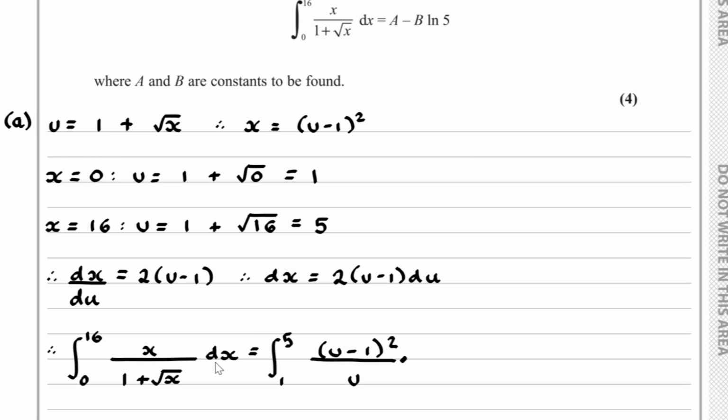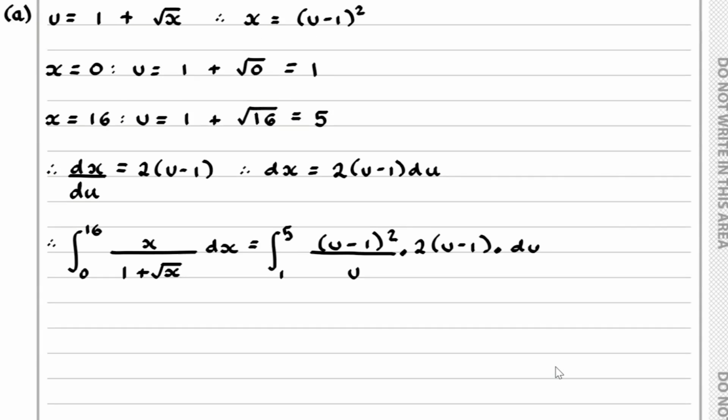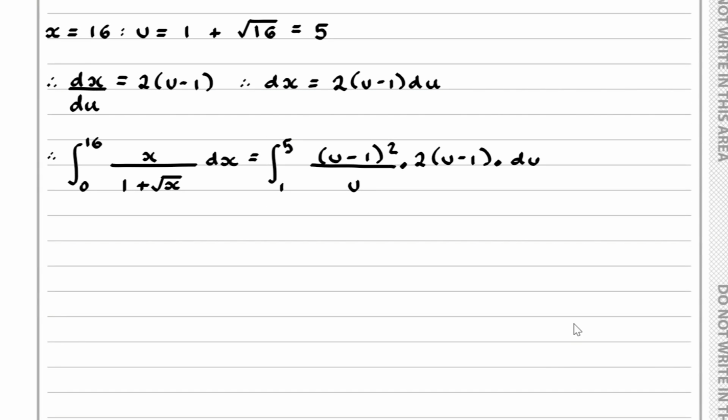We will then multiply this by dx, which we said is 2 lots of u minus 1, and then multiply by du. So that can all be tidied up to the integral between 1 and 5 of 2 lots of u minus 1 cubed, since u minus 1 all squared, times u minus 1 is u minus 1 all cubed. And then we divide this by u, and we are integrating with respect to u.